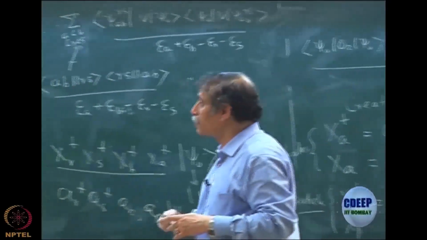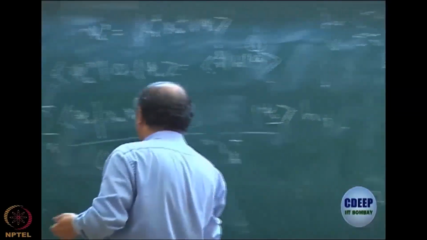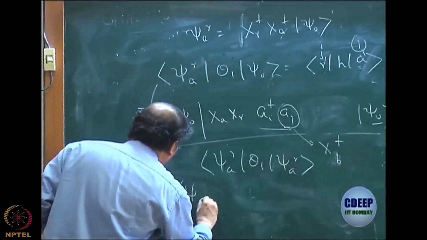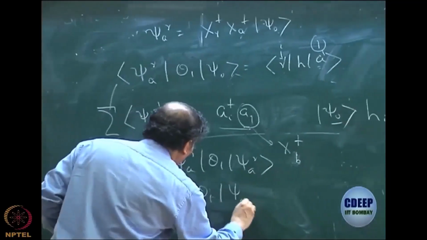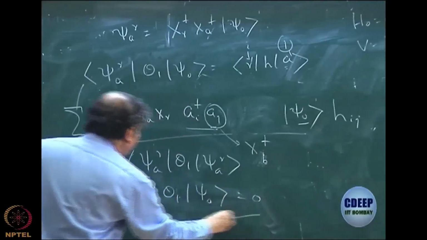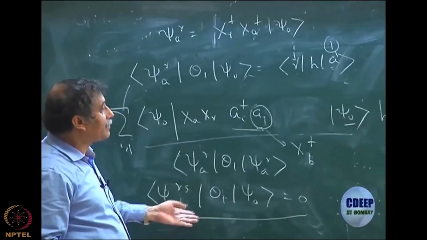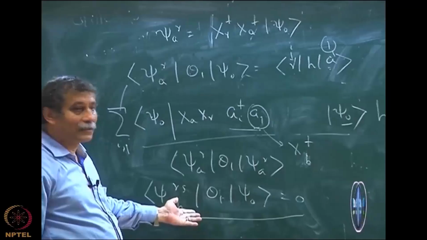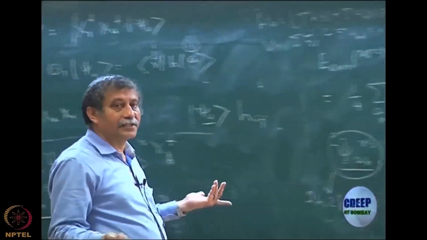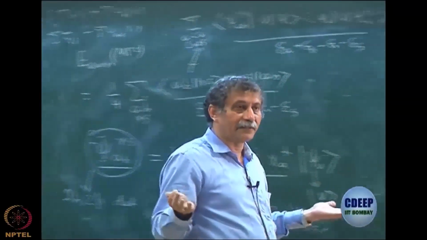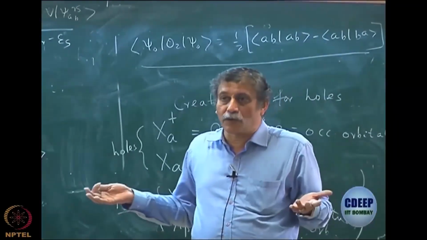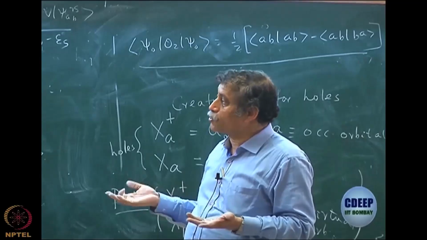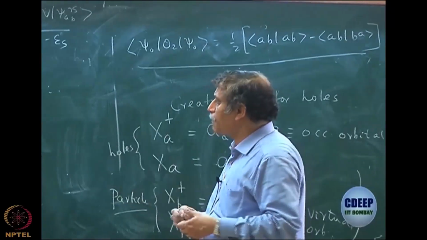In fact, this may be a good thing to check in second quantization also: if you do psi ABRS theta 1 psi 0, it is equal to 0. Expand theta 1 in terms of holes and particles, and just show that this is equal to 0 by second quantization. So don't just assume by first quantization that it is 0, but show it by second quantization. Many of these practice problems you can do.